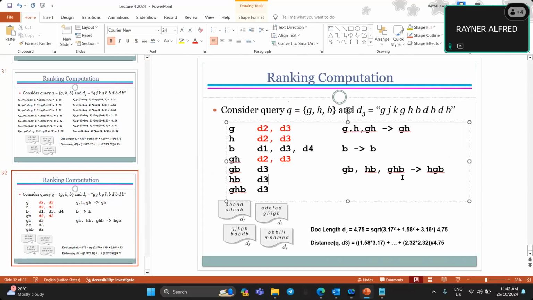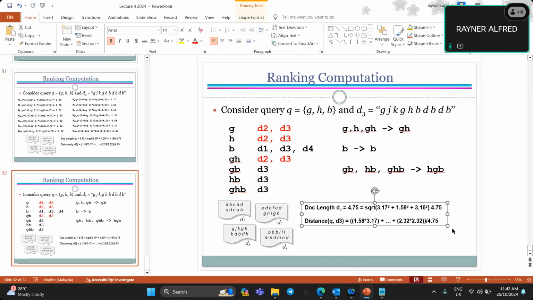Okay, so now we become three only term sets, right? So for using that one, we will be using only 3, which is the GHB.